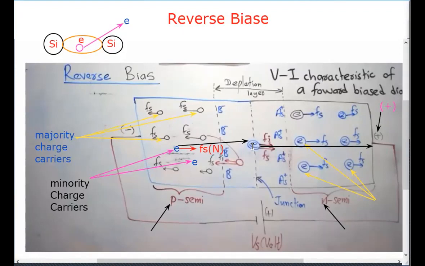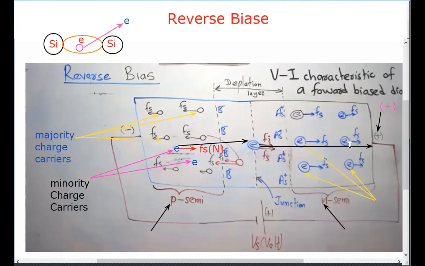Once it reaches the junction, both Fi, the junction electric field force, and Fs, the supply voltage force, push the electron further towards the N semiconductor side. It means the minority charge carriers, electrons in the P semiconductor, move from P to N. Am I right, Lamai? Yes, sir.